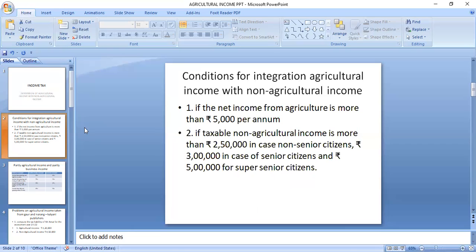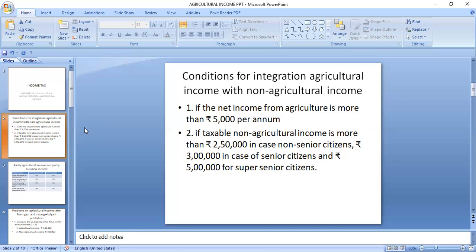Less than 60 years of age. And 3 lakhs in case of senior citizens, 60 to 80, they are called senior citizens, and those more than 80 are called super senior. So 5 lakhs for super senior citizens. If these two conditions are fulfilled, then we can integrate agricultural income with non-agricultural income.